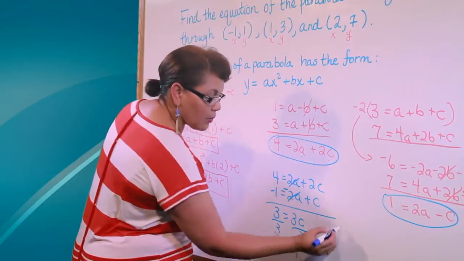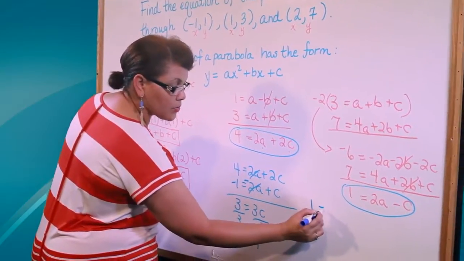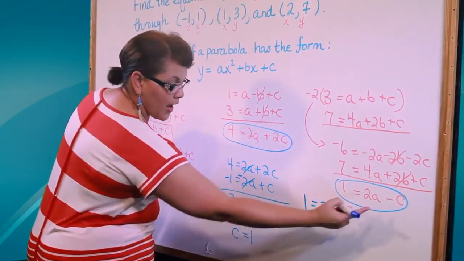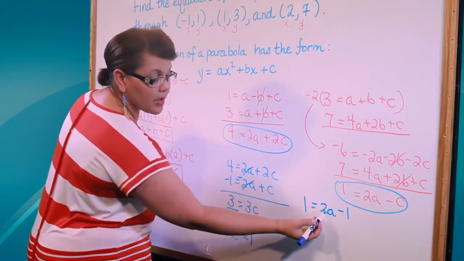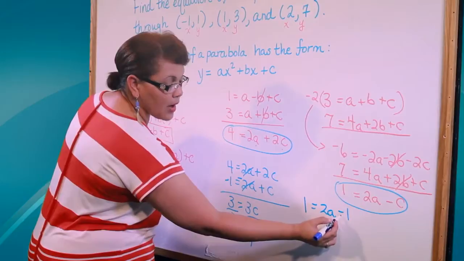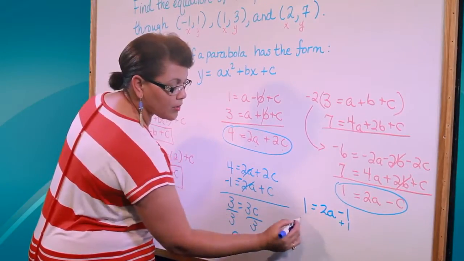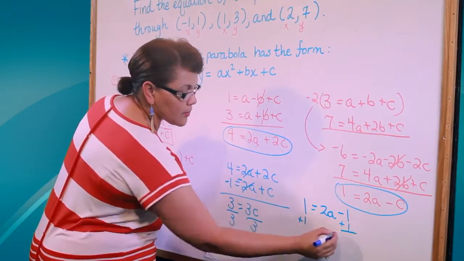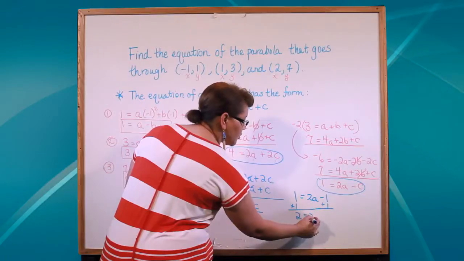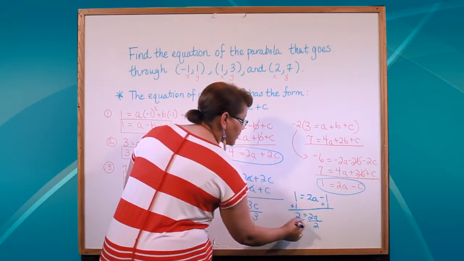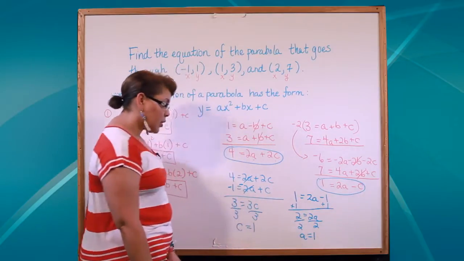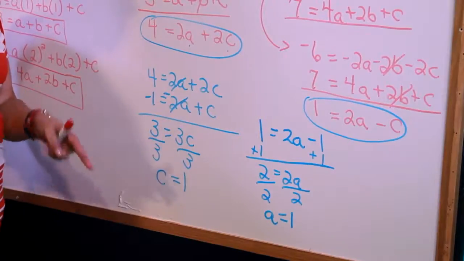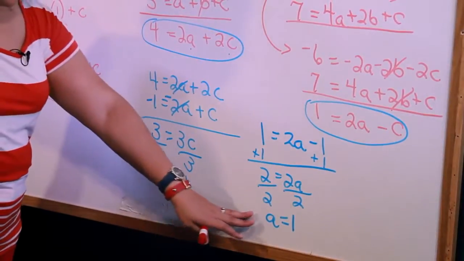So if I take 1 equals 2a minus c, and where the c is, replace that with 1, then I'm going to solve this equation for a. So I'll move the negative 1 by adding a 1 to both sides. This gives me 2 equals 2a, and if I divide both sides by 2, that means a is 1. So I've got 2 of the 3 variables figured out. I have c and I have a.